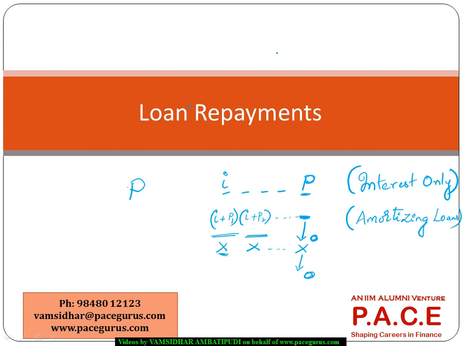This X is a combination of the interest and the portion of principal repayment, and the total is constant for all the periods, eliminating the entire outstanding principal at the end of the loan period.